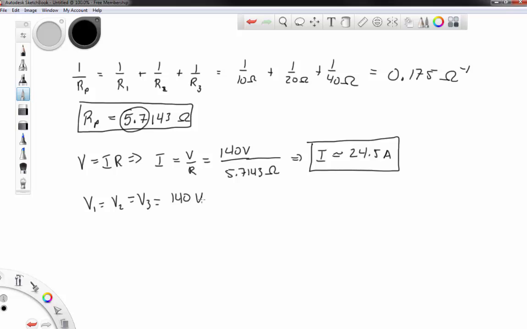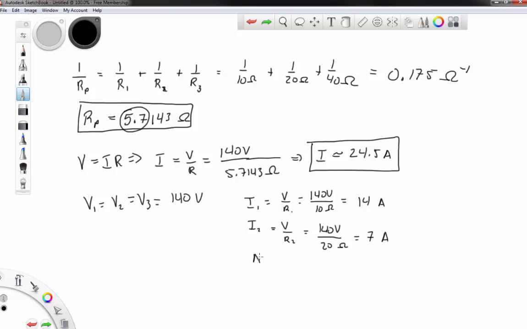You could then figure out how much current is drawn by each individual branch. So for example, I1 is going to be V over R1, so that's going to be 140 volts divided by 10 ohms. And so that means that 14 amps are going to the 10 ohm resistor. I2 should be V over R2, and so that's 140 volts divided by 20 ohms. Okay, so that's going to be 7 amps.